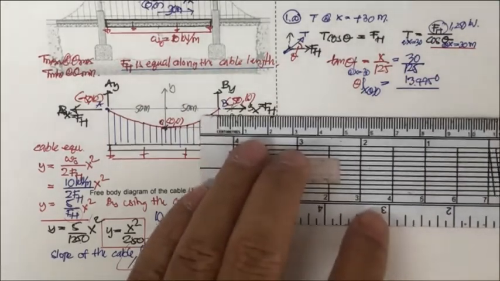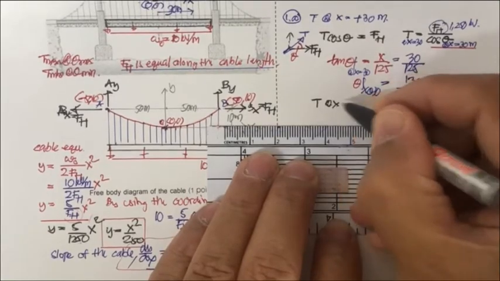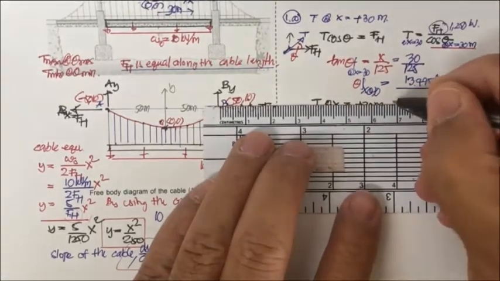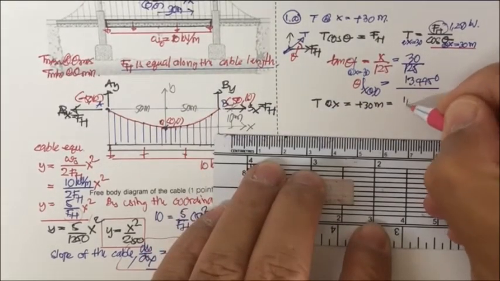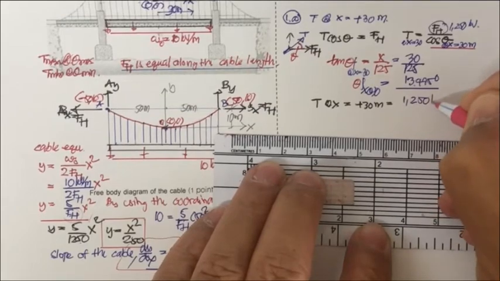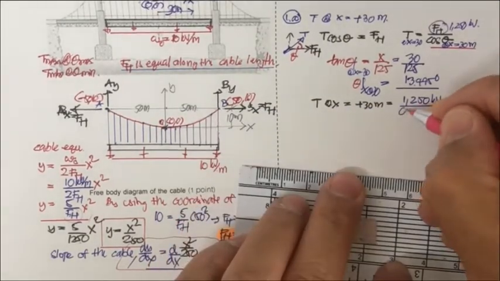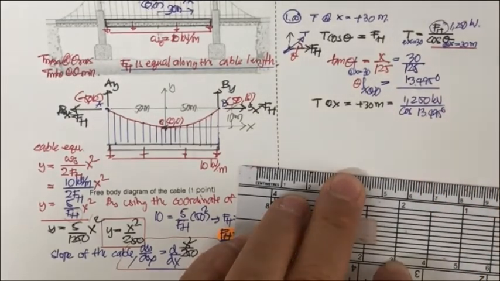Okay, now you can find the T. The required T at x equal to plus 30 meter is going to be equal to 1250 kilonewton divided by cosine of 13.495 degree.